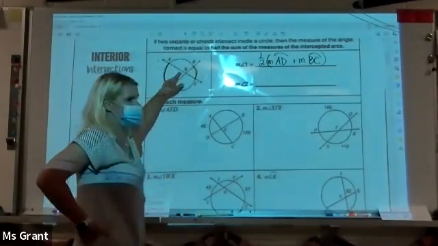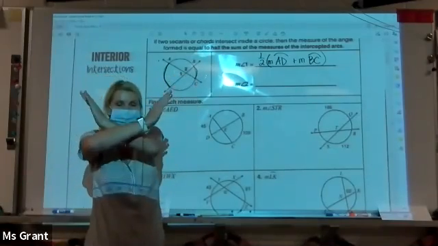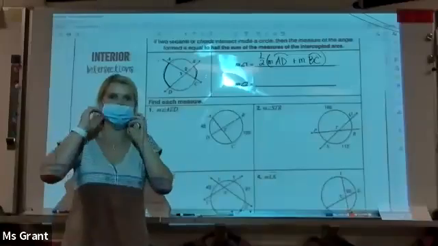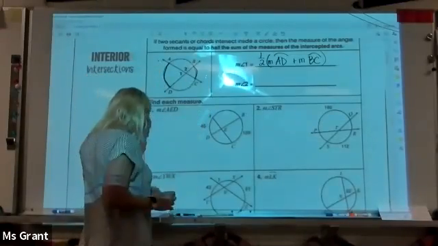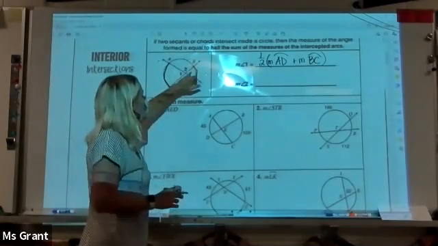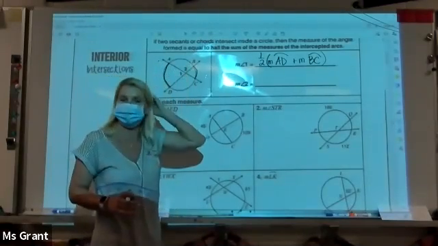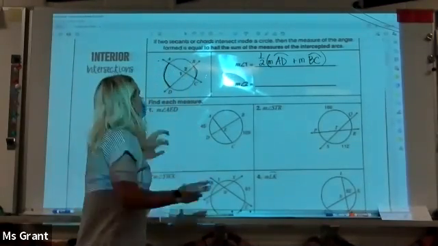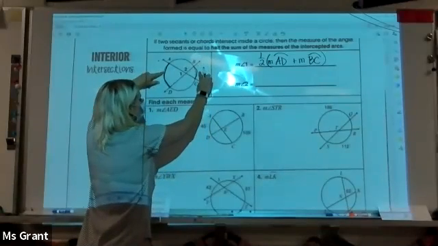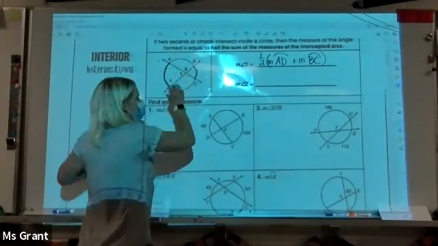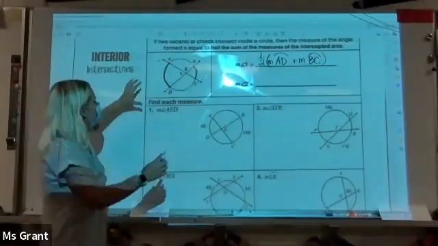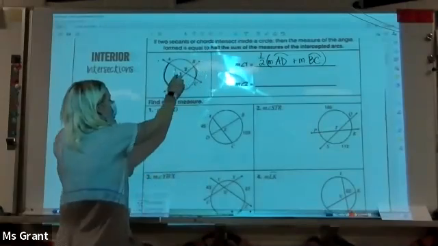Angle 1 is a part of this diagonal. You could call it the vertical angle relationship. So I'm talking about the arcs that are related to angle 1 and its vertical angle. When you add these two dark arcs up, half of it is angle 1. So you add up the two arcs, cut it in half, you get angle 1.